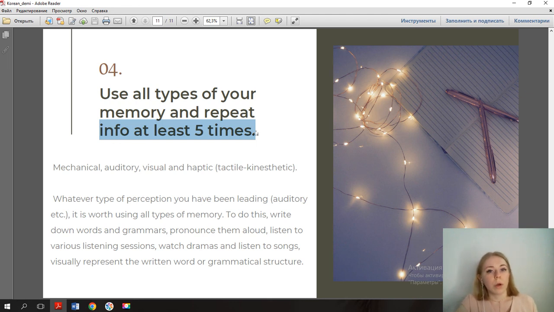If you can repeat it more, it's good. If you can't repeat it more than 5 times, it's okay. You don't need to do that. 5 times is okay. And what about how to repeat? Not like, okay, I have some words, you just repeat the word and you're thinking at the same time about some other things. No, it's not about that. It's about when you're concentrated on this information, when you not only repeat the word, but also you use all these previous slides.